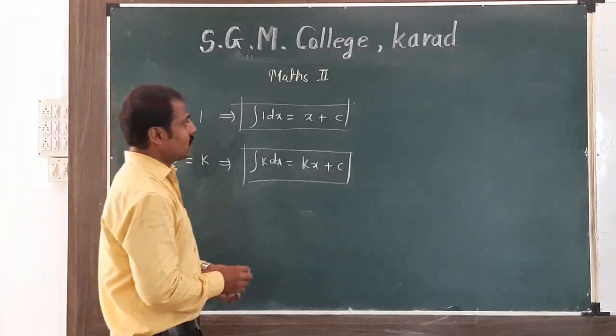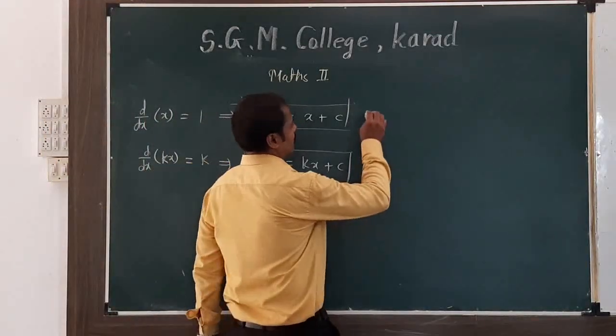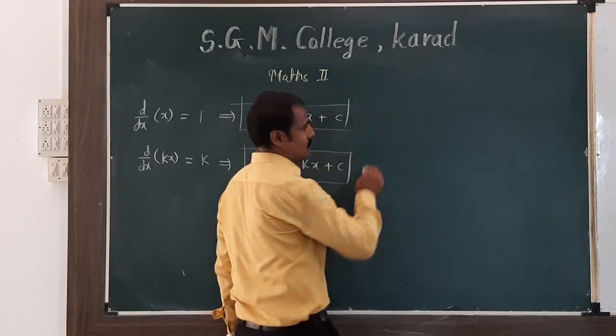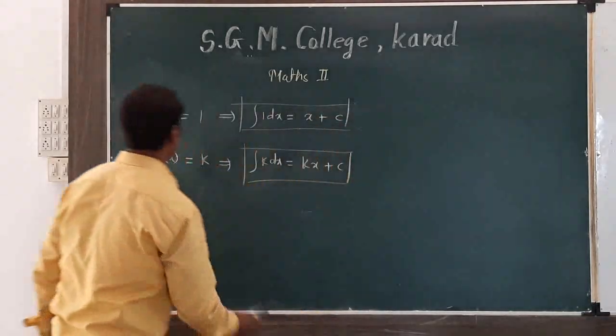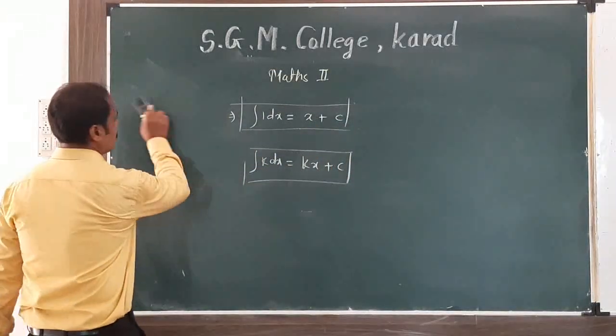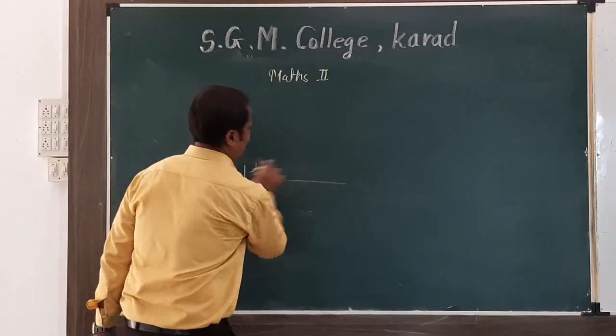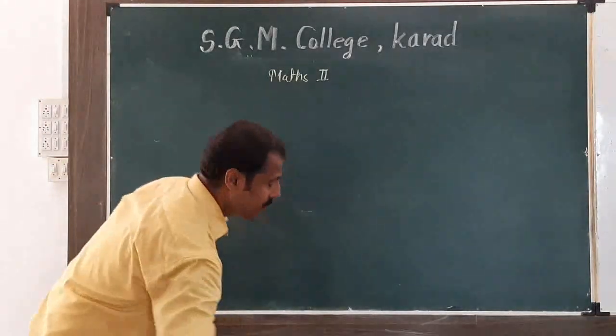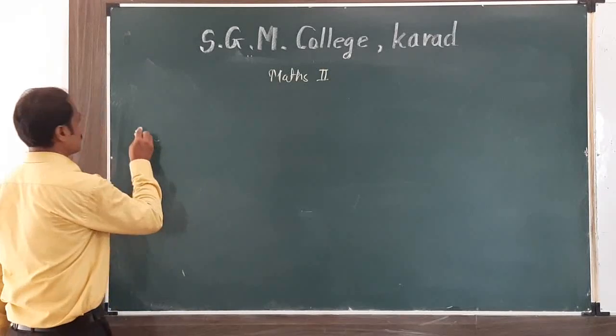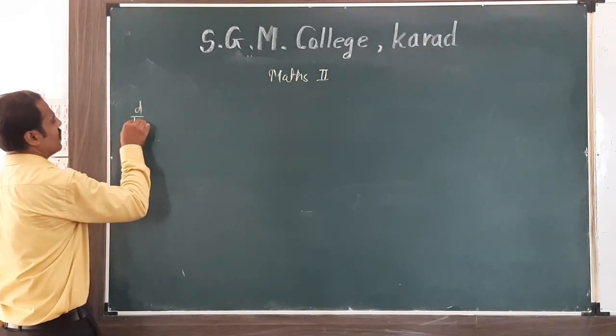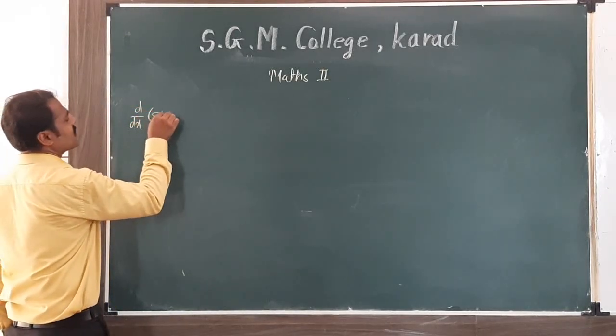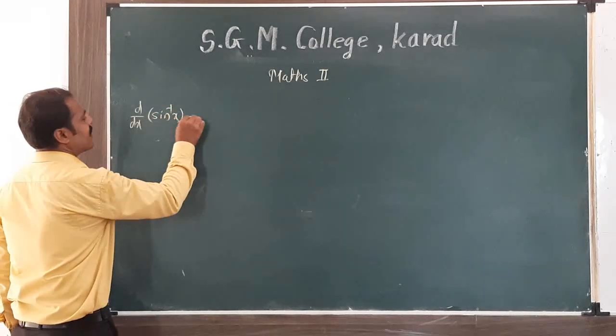Okay, now we find some formulas of integration by using derivatives of inverse trigonometric functions. We know that d/dx of sine inverse x. Tell me the derivative of sine inverse x.